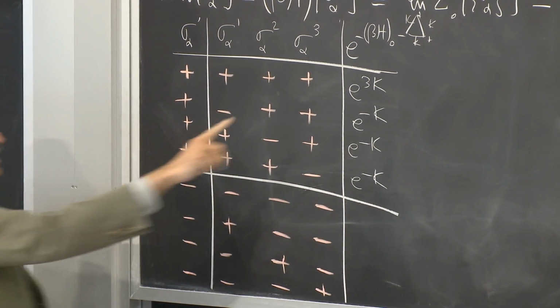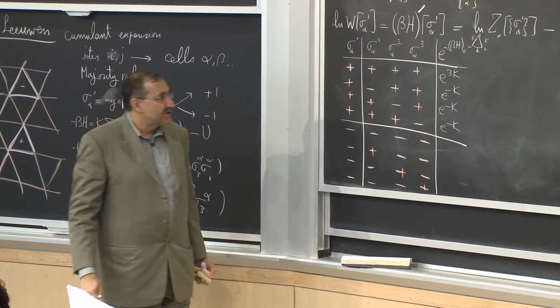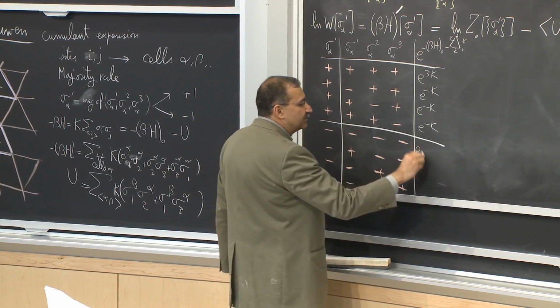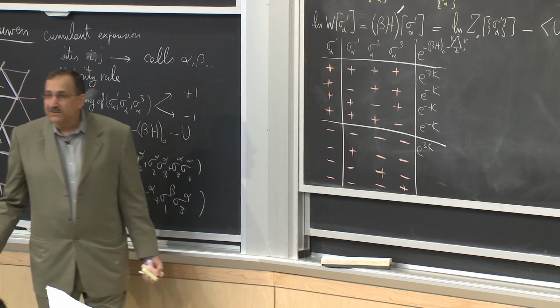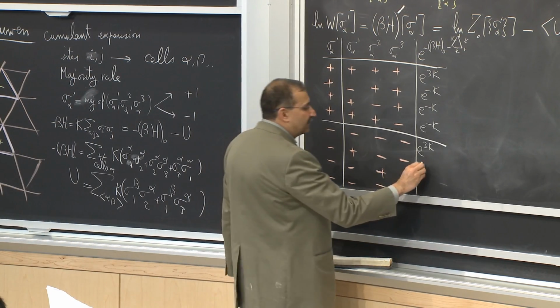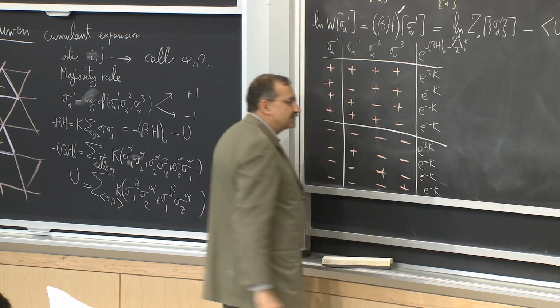If all 3 are minuses, then again, the spins are aligned, so I will get e to the 3k. If 2 minuses and 1 plus, 2 bonds are unhappy, 1 is happy, I will get e to the minus k, e to the minus k, e to the minus k. Okay?